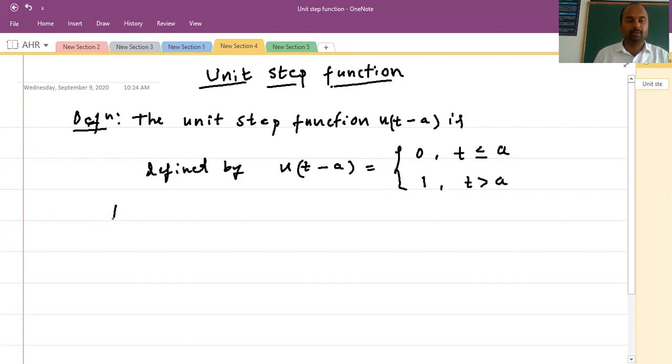And this is the definition, and there are two properties.